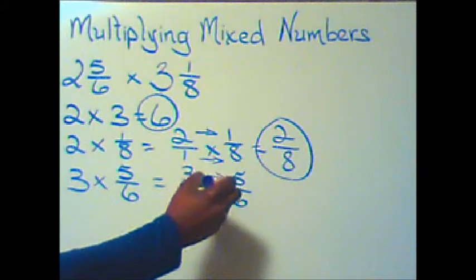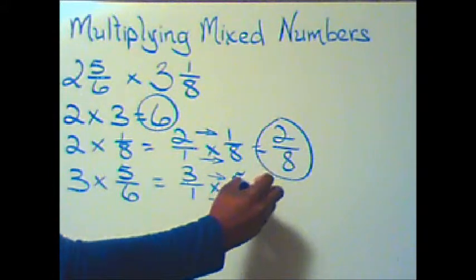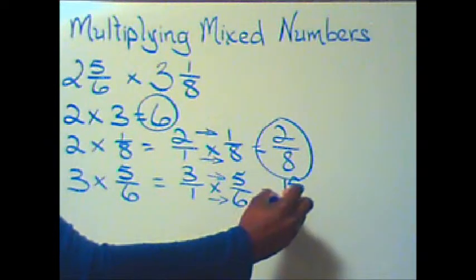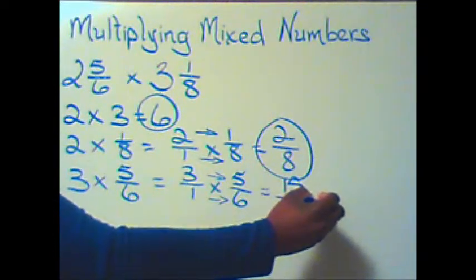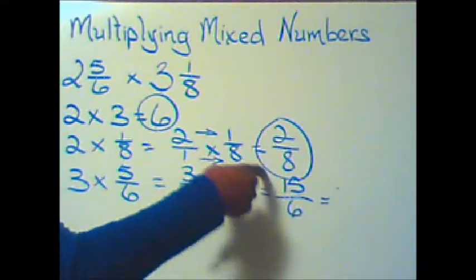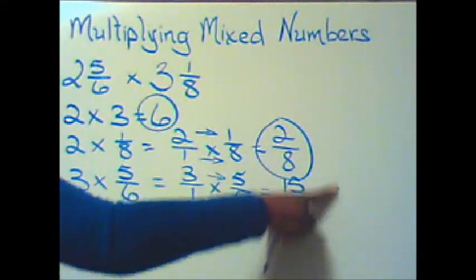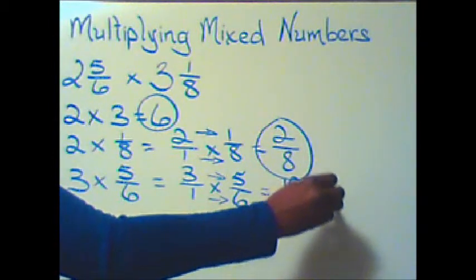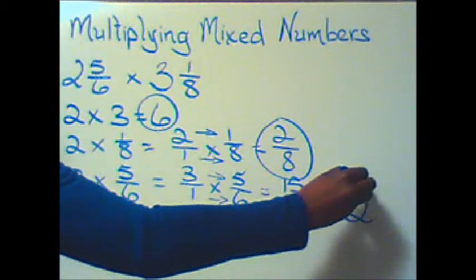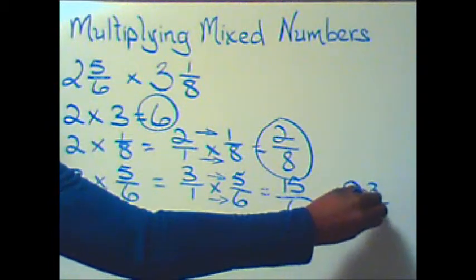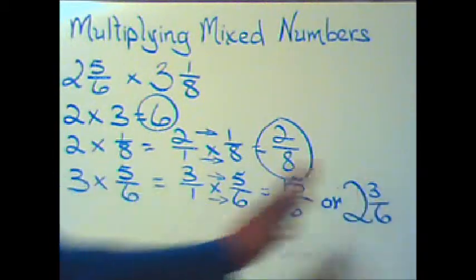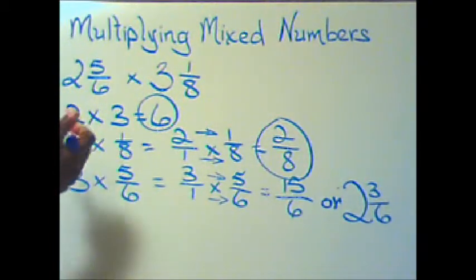Again we cross multiply. 3 times 5 equals 15. 1 times 6 equals 6. 15/6 can be written as 6 times 2 is 12 plus 3 is 15. I know I can reduce 2/8 and 3/6, but I'm not going to do that just yet.